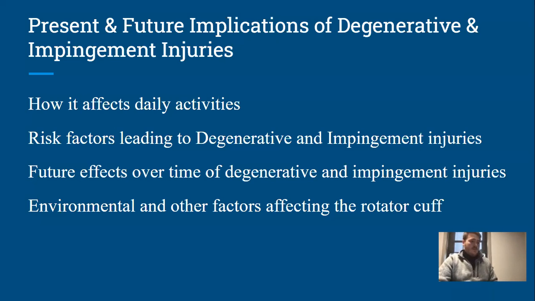Dyslipidemia, which is fatty lipids that are excessive in your bloodstream. And then occupation ratio and a fatty infiltration of your infraspinatus are significant risk factors. Also, vascular changes, your age, sex, genetics, tensile forces, and then other environmental factors, your sports that you play, your job, smoking, and medical comorbidities play a big role.